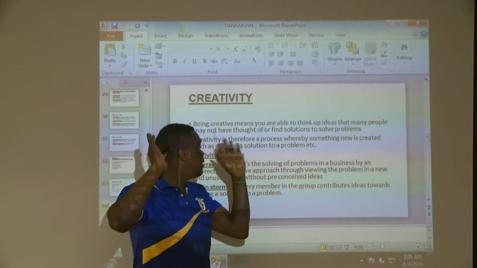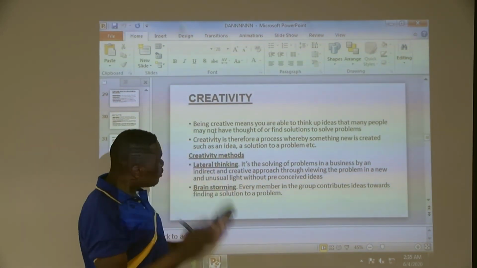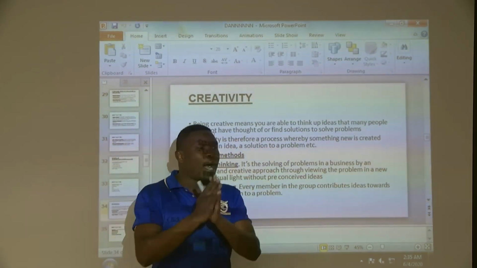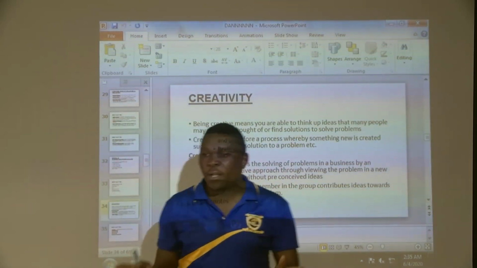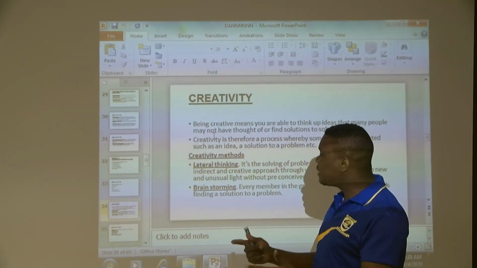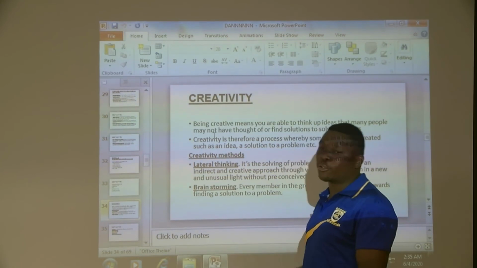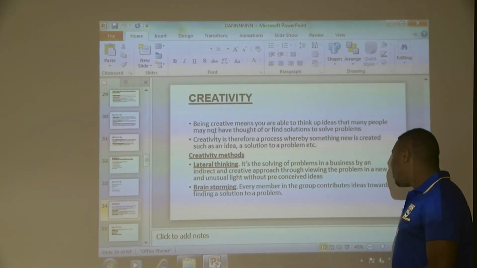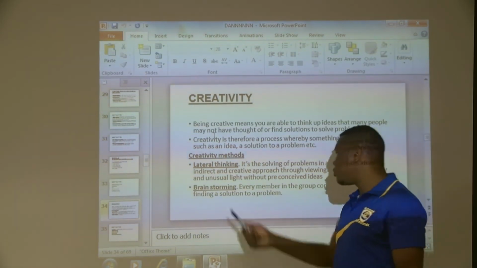You think about something without prejudgment. Look at it the way it is. Don't have any prejudgment about the idea or any preconceived ideas. Before you think up a solution to a problem, analyze it well. Don't have any bias, but look at it from your own perspective and then come up with a solution.